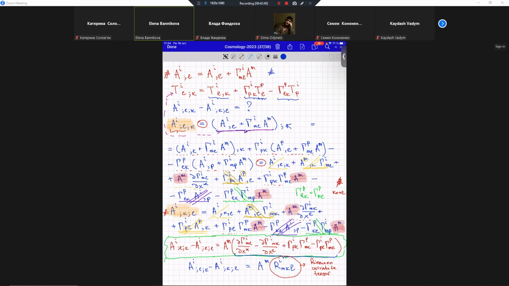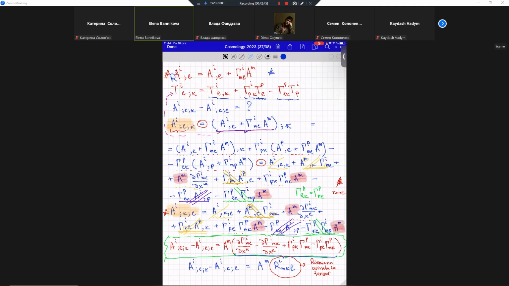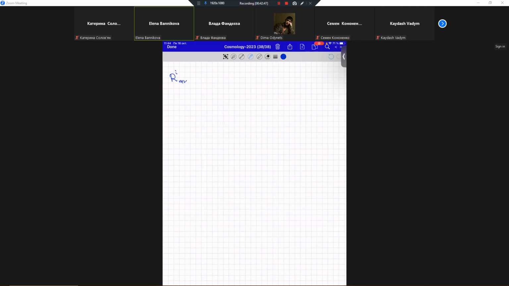So R^i_{MKL} equal. And we understand the construction. The construction is such that in the first terms we need to put the derivative of the gamma symbols, and I will distribute the indexes a little bit later.